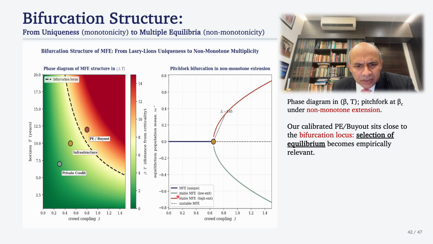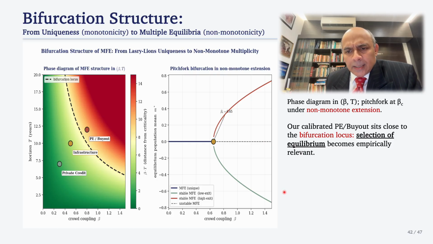Okay, so stable mean field equilibrium is represented over here with a high exit probability, and here with a low exit probability. And in this area, the mean field equilibrium is unique. And when you're operating over here, you have equilibrium population mean is 0, and you have an unstable MFE.